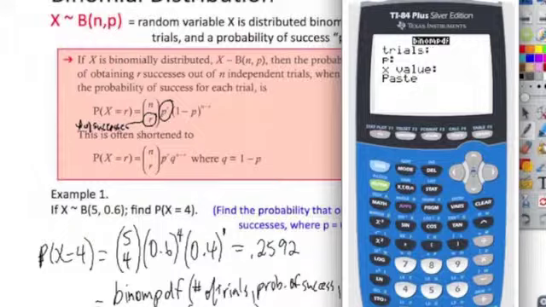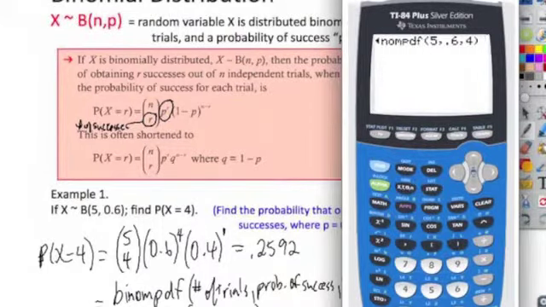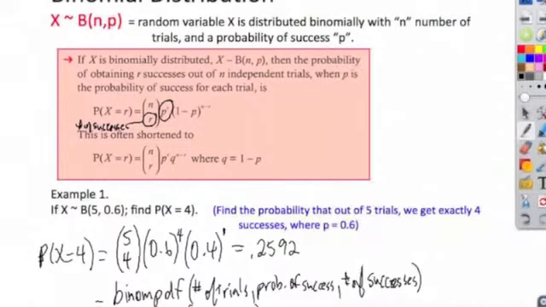If you don't, you'll have to enter it according to the syntax that I showed you. The number of trials is 5. Probability of success is 0.6. The x value means the number of successes that you're looking for. In this case, it was 4. And then you'll just paste into the main screen, hit enter, and you'll see that the calculation is 0.2592.